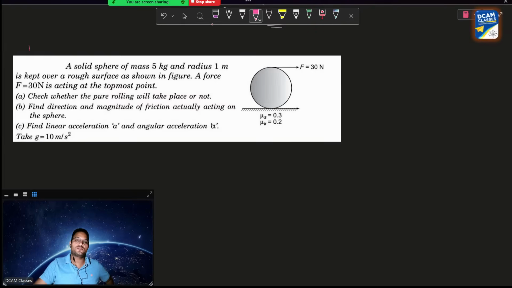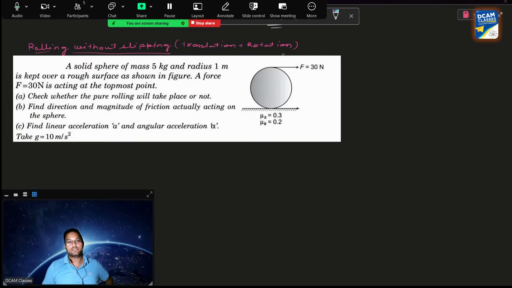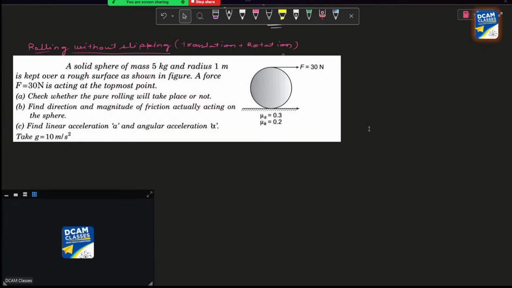This question is for rolling without slipping, translation plus rotation both. Just try to understand the question. If you are able to get the idea how to solve it, solve it. If you are not able to get any idea, I will solve it. Just tell me, sir, we are not able to.